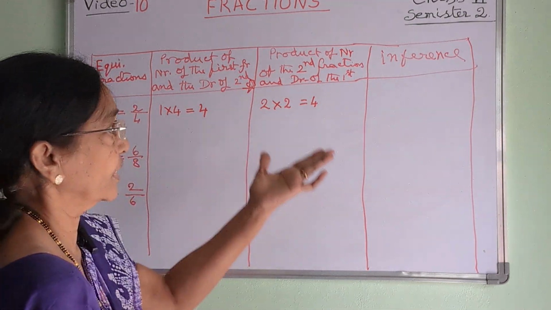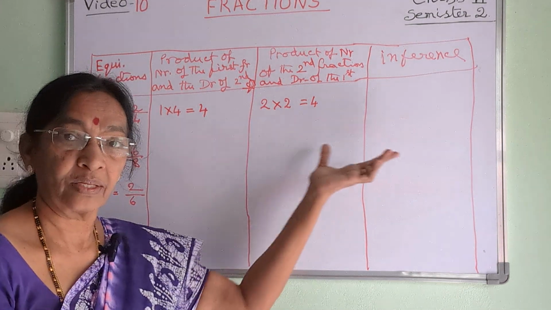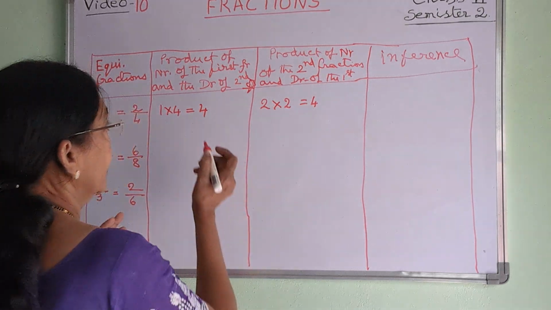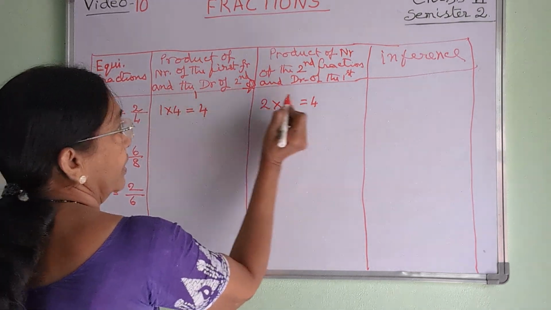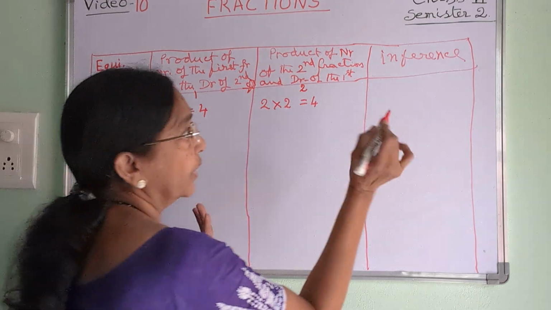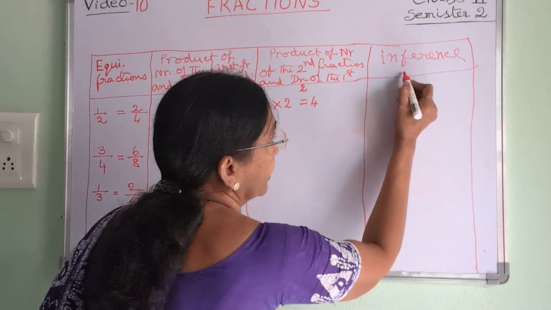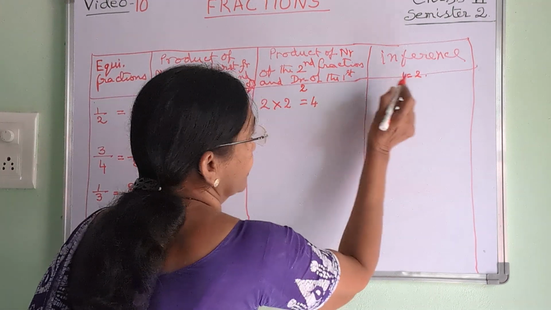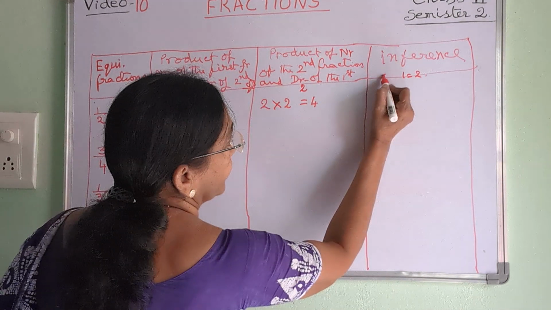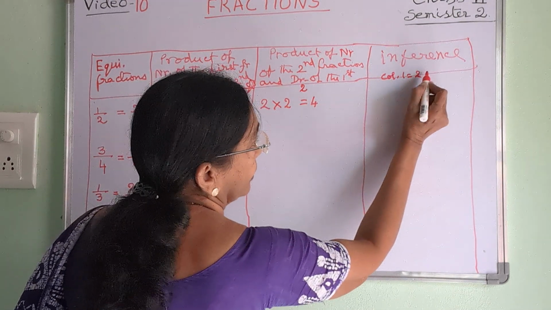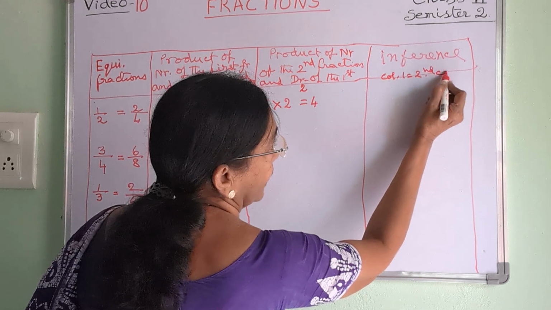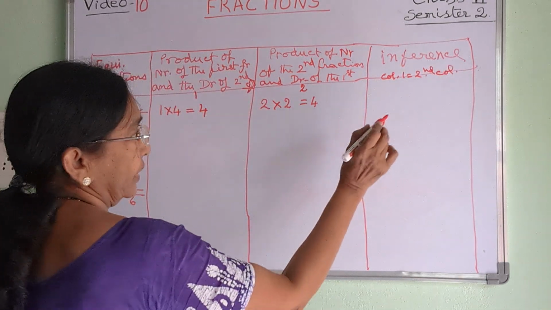So, what is the inference? Both are equal. The value in column 1 and the value in column 2 are equal.